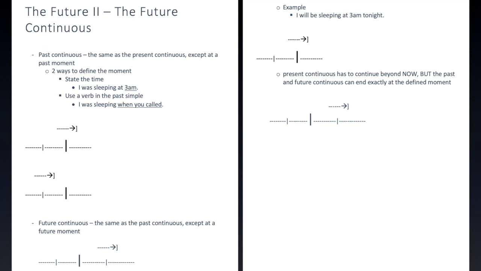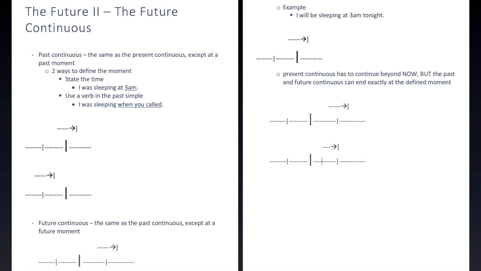So we can have this where it is happening at the defined moment and continues beyond it and then stops sometime later. By the way, continuous means the activity of the verb is temporary, right? So temporary thing happening now, temporary thing. I think we said that earlier, didn't we? All right, so it's going to have an ending.